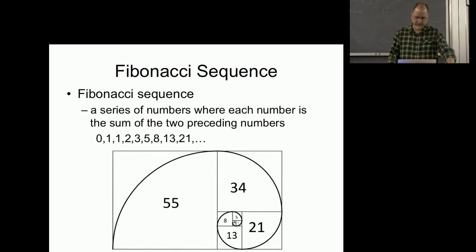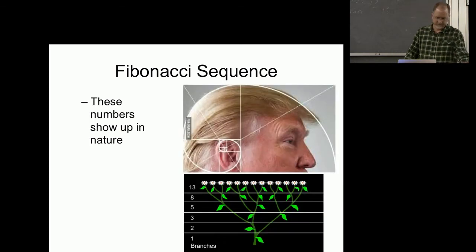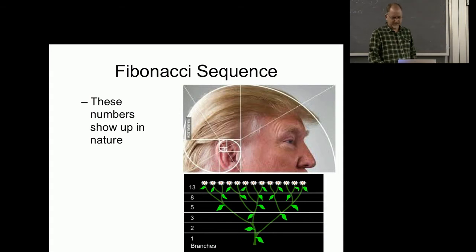That's mind-blowing, right? If you look at the number of branches on flowering plants, it follows the Fibonacci sequence. It's weird. It's like the golden ratio.